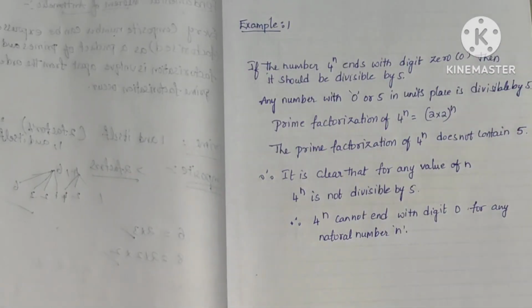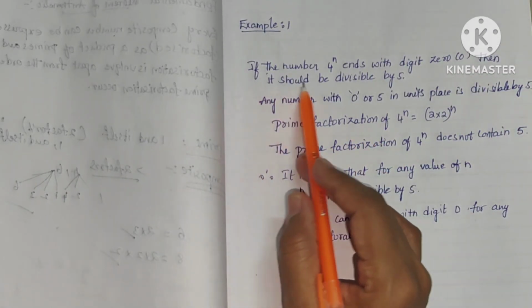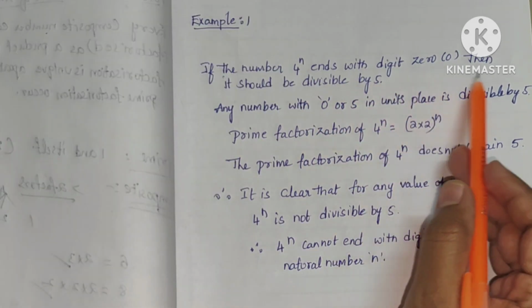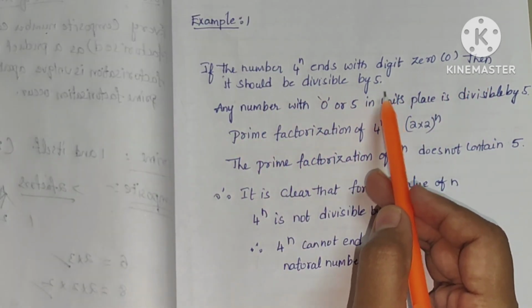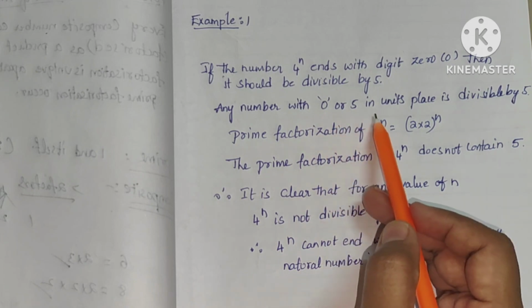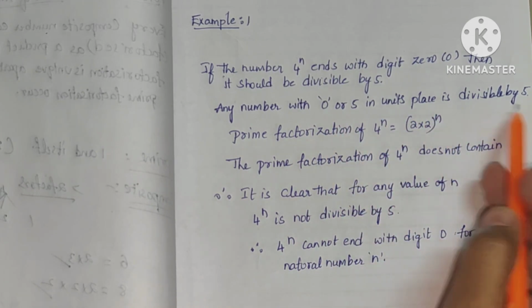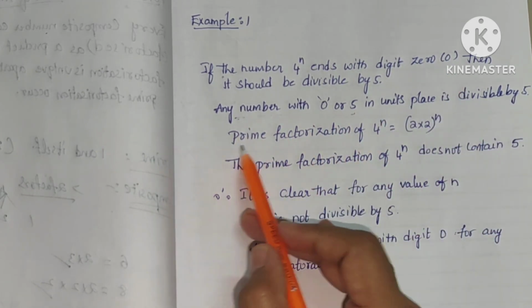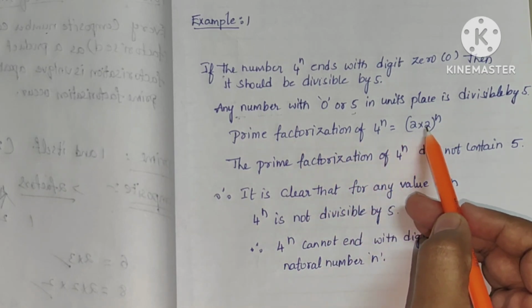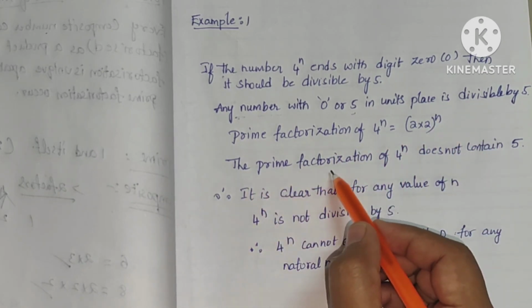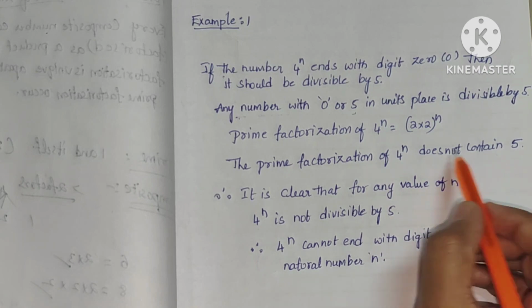So the same we will write here. If the number 4 power n ends with digit 0, then it should be divisible by 5. Any number with 0 or 5 in the units place is divisible by 5. This is the divisibility rule. The prime factorization of 4 power n is 2 into 2, whole power n, which does not contain 5.